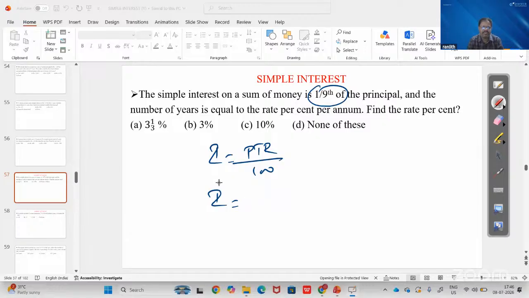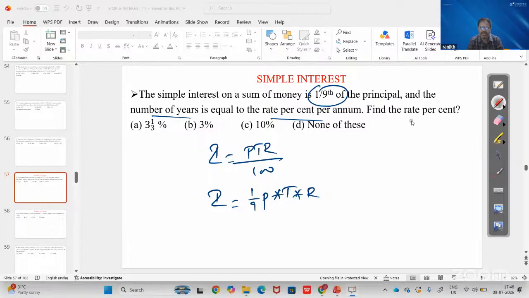The time period, number of years, and rate of interest are both the same, so time into R.